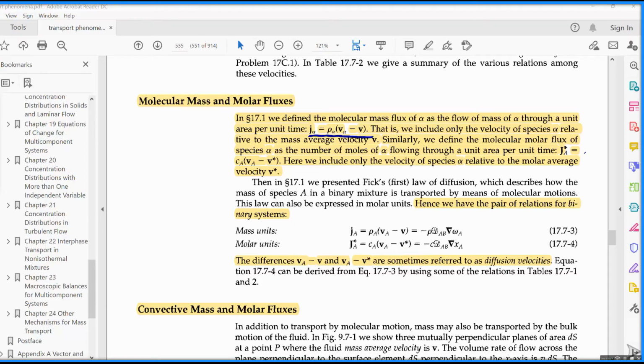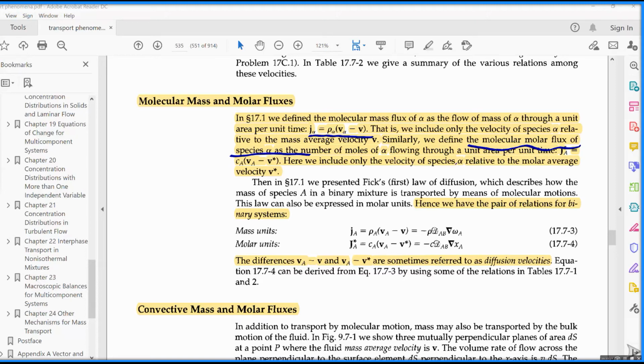Then we can define J A star as C A multiplied by V A minus V star. Here, we replace alpha by A, the species. So here we define the molecular molar flux of the species alpha, or A, flowing through the unit area per time.